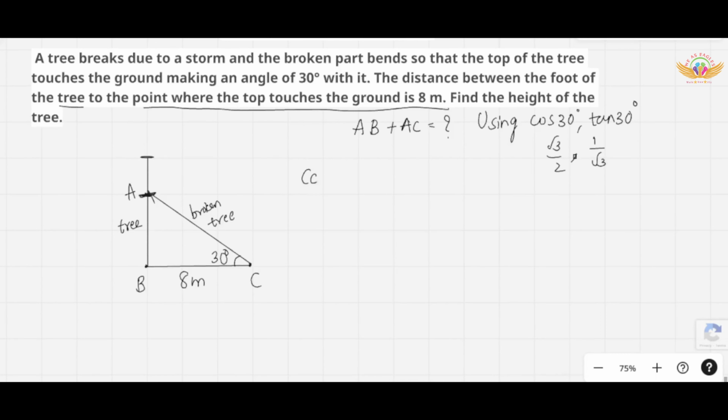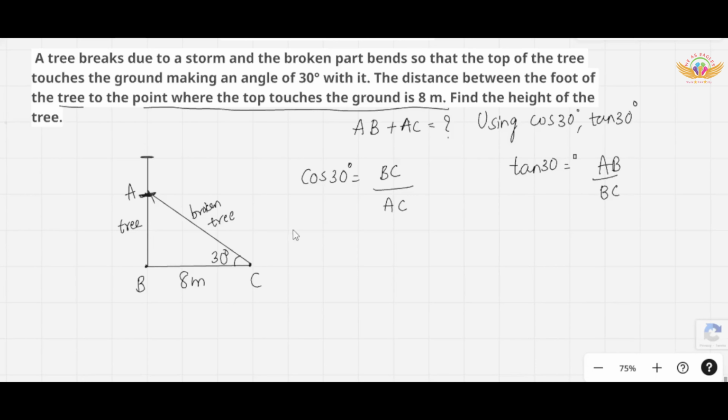Yes. First, let me take cos 30 degrees is equal to AB by, no, it's not AB, it's BC, right? Adjacent by hypotenuse. BC by AC. And then on the other hand, I am going to take tan 30. Tan 30 is equal to AB by BC.